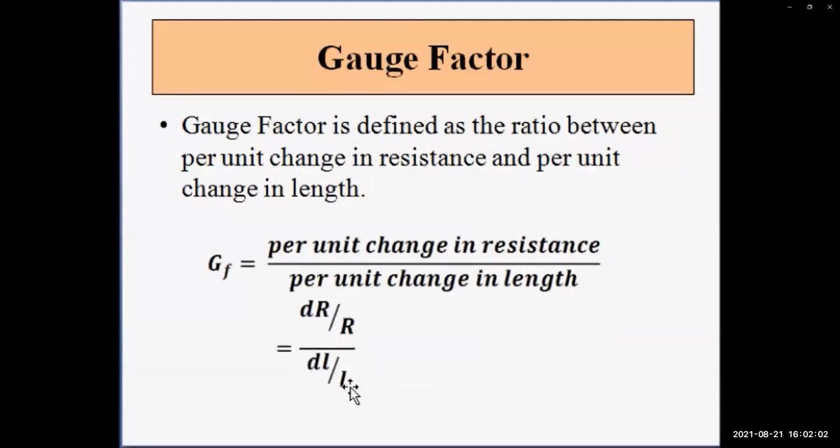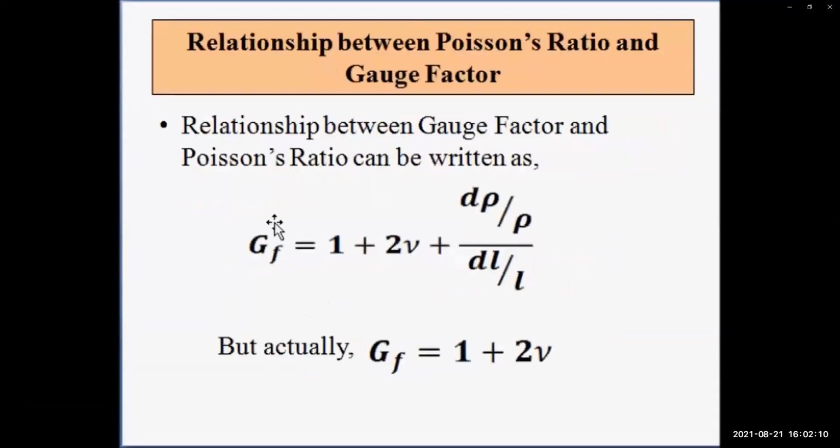This is gauge factor. Now, both Poisson's ratio and gauge factor are related to each other. The gauge factor is equal to 1 plus twice the Poisson's ratio plus the ratio between per unit change in resistivity and per unit change in length.